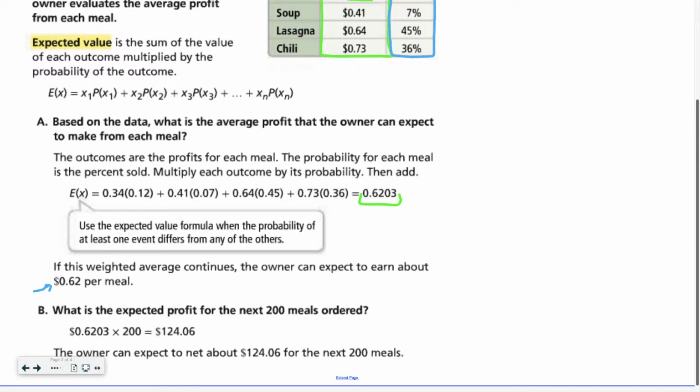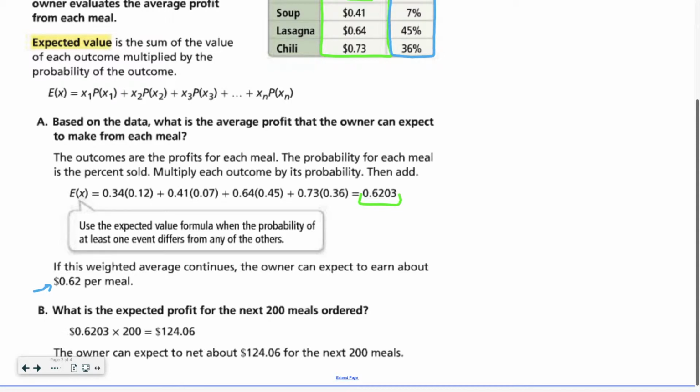So maybe you can see that this is actually a really useful topic. If you ever end up owning a business of some sort, you will have to do things like this to figure out, am I actually making a profit? And figure out future prices for menu items or other businesses and stuff. So this is a really useful topic.